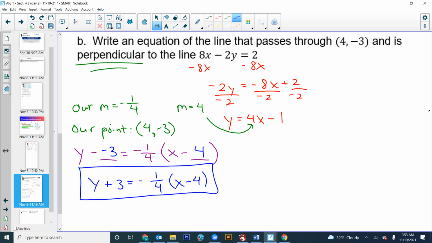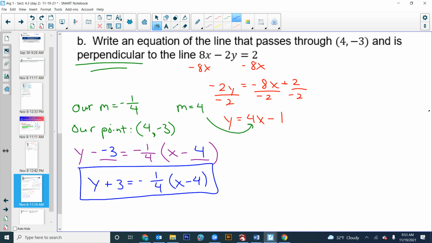Please, other mistakes, please own up to it. It's okay. I just need to see where you're missing it. Did you solve the red one okay? Did you get its slope okay? And then did you get the opposite reciprocal slope okay? This is for people who missed. Is that where you went wrong?